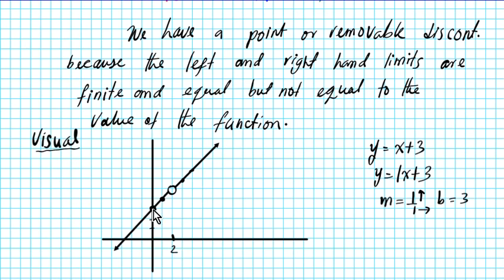So we have 2, 3, 4, 5, 6, 7. At 7, you have a closed circle right here. If you take a look at this, you can see that the left and right limits are going to the same point, but the value of the function is somewhere else. So that's why we have what we have.